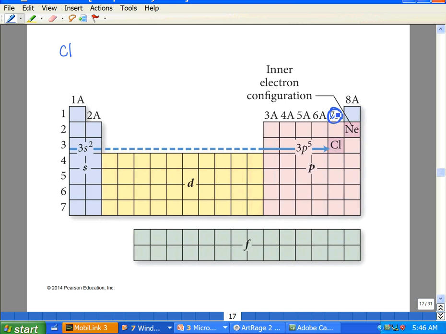How will we go about writing the electron configuration for that? There you go. And then 3s2. And the rest of them are in the p block.